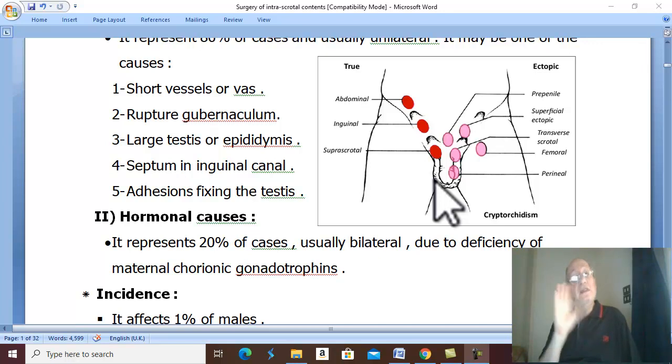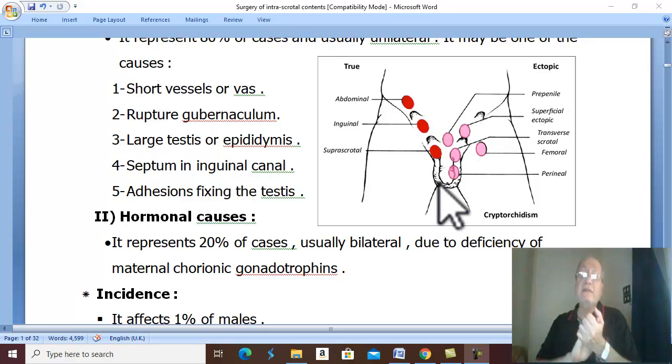This is the normal. The testis passes in the abdomen to the internal ring, to the inguinal canal, to the external ring, to the bottom of scrotum, reaching the bottom of scrotum on the right side just before birth.